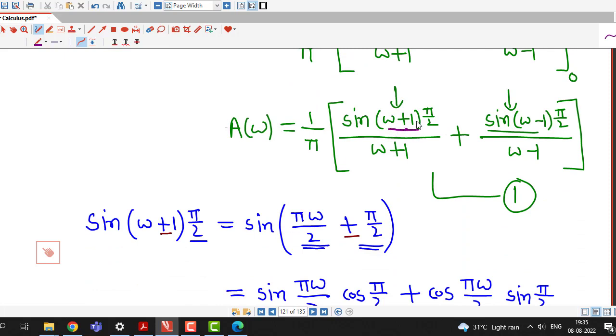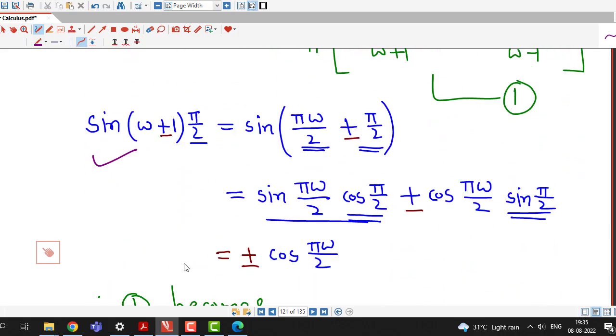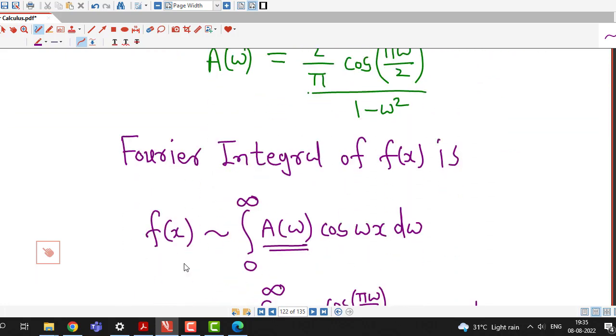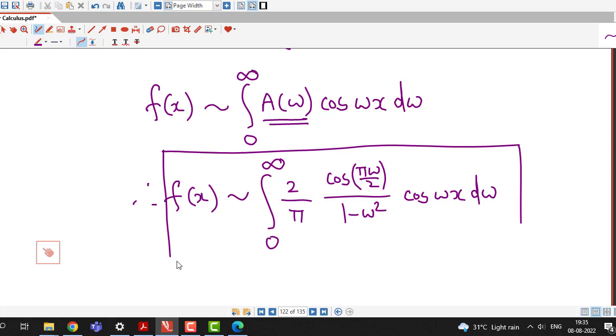Omega is any real number, therefore we are doing this simplification, and after substituting these values we find this form for a omega, and we are able to decide the Fourier cosine integral, or Fourier integral, of an even function. So the Fourier integral of the given function, which is even, contains only cosine terms. All these quantities are values of a omega.